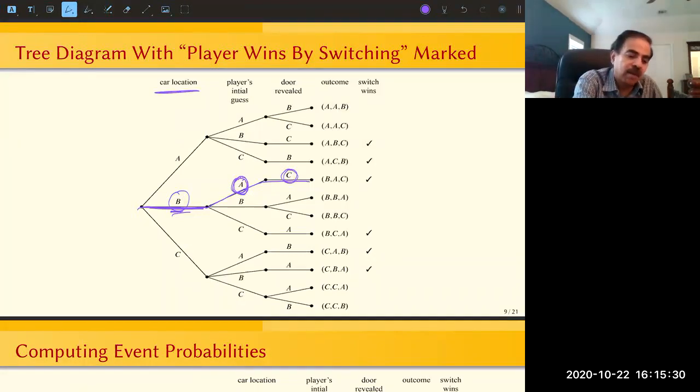That's why we have marked this with a tick mark to indicate that this is a case where the contestant wins by switching.